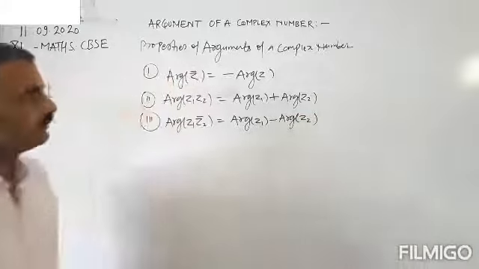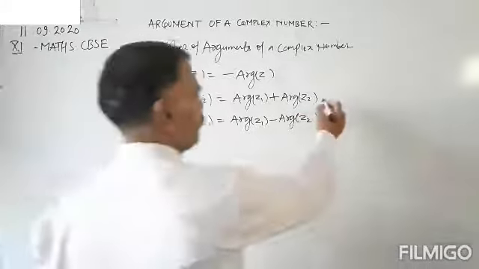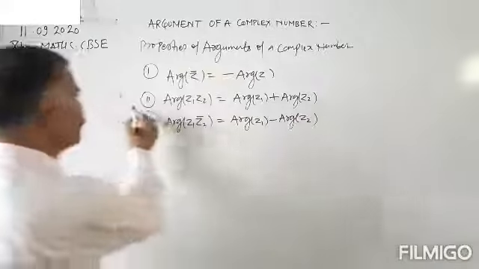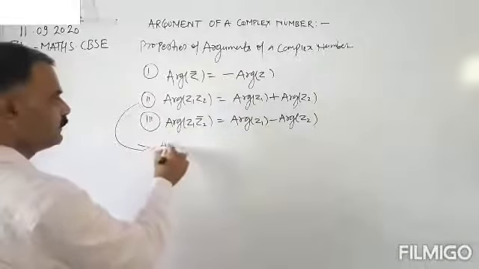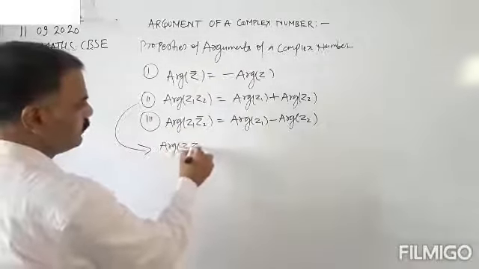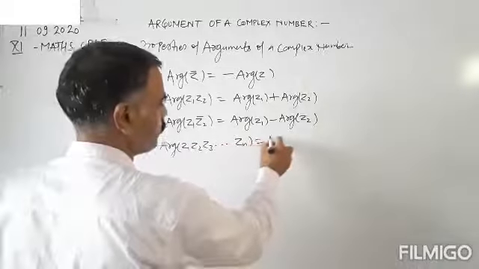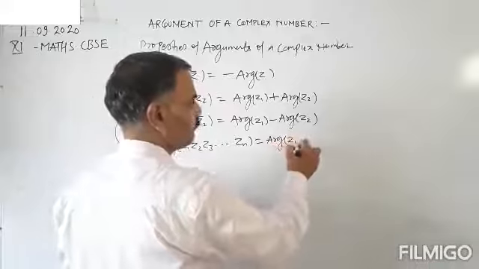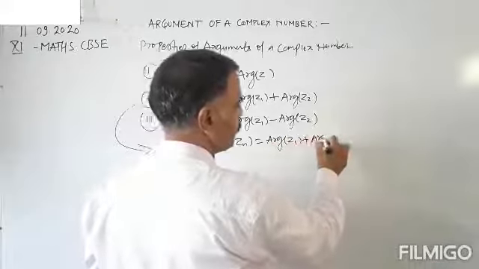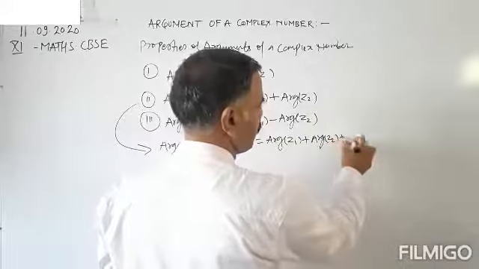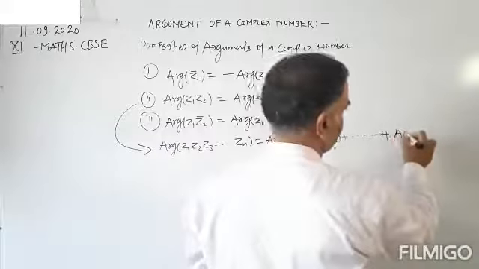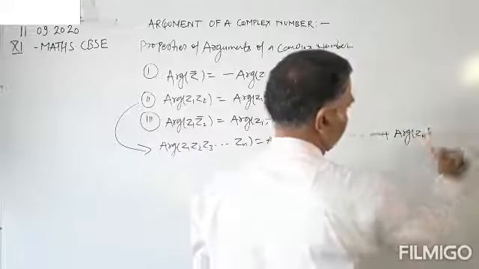This property can be generalized as argument of z1 z2 z3 and so on zn is equal to argument of z1 plus argument of z2 plus and so on plus argument of zn.